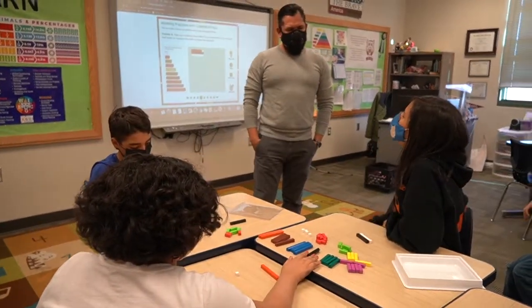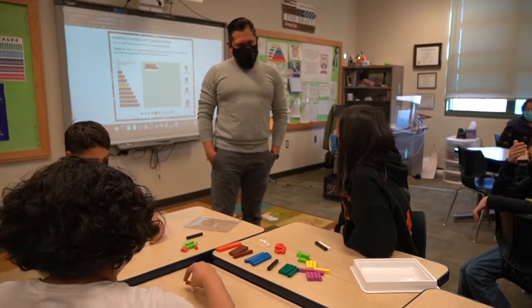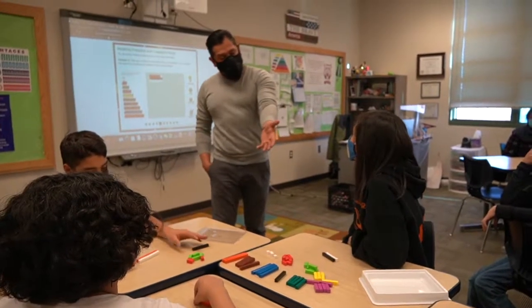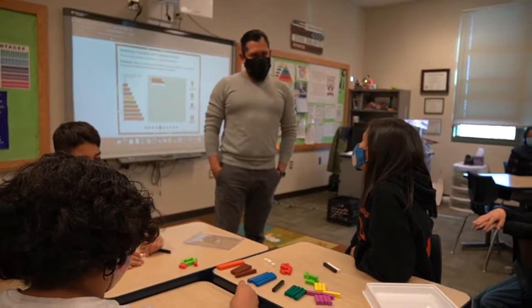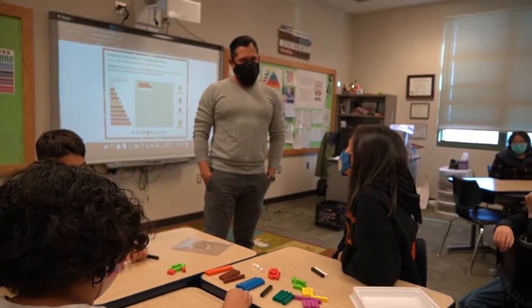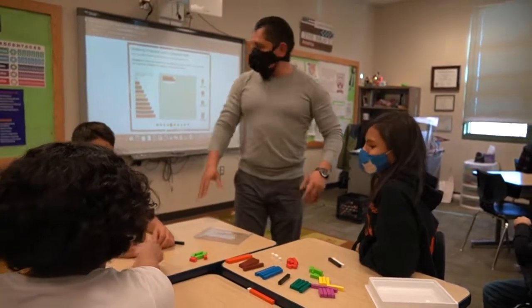Actually, Rosie got the idea of 1/7. Okay, so how much do you think the black rod would represent? I don't know. Okay.